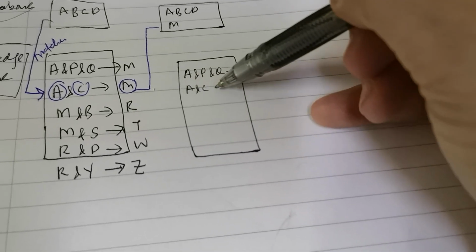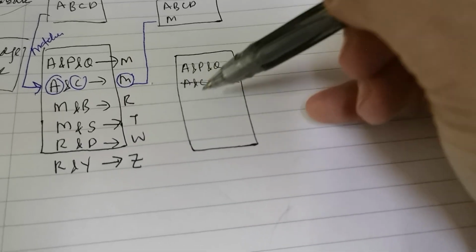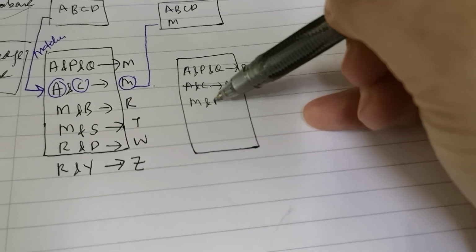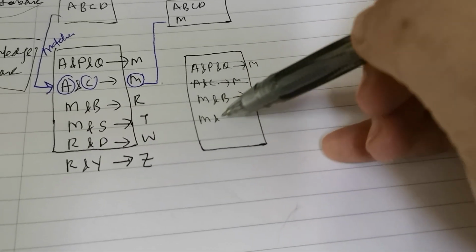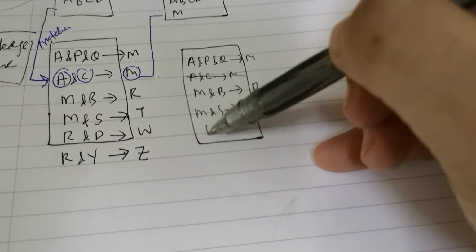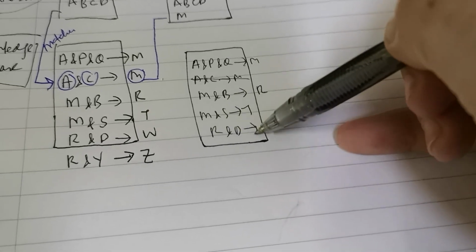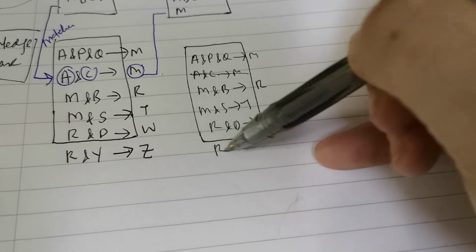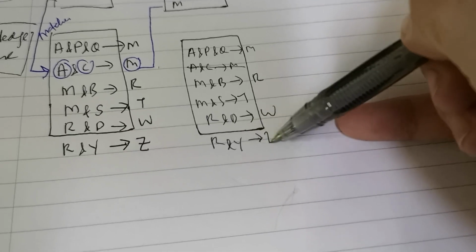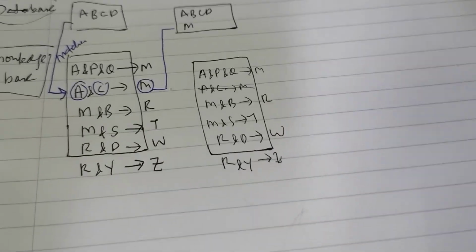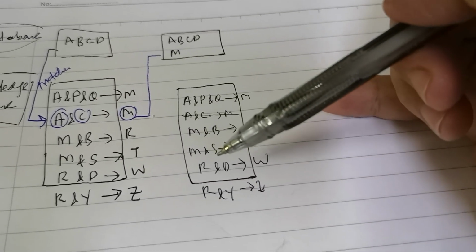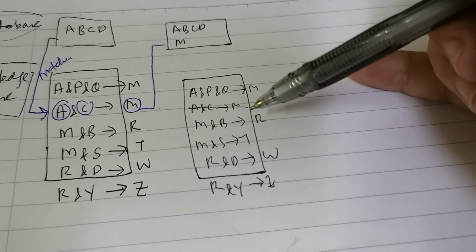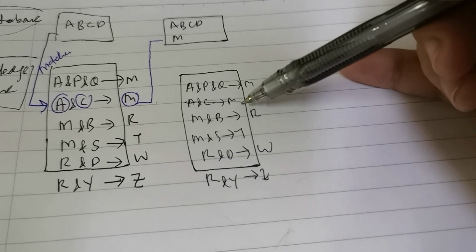A and C, M, done. M and B you have R. M and S you have T. R and D you have W. R and Y you have Z. So now you have A, B, C, D and M. Check this one, going from top to bottom.